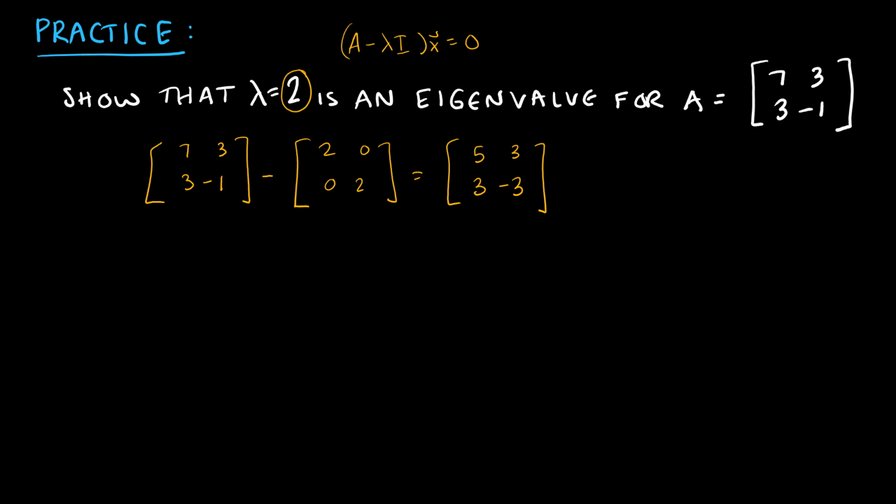I should be able to stop right here because it's very clear to me that I can start doing some row operations, and I'm going to go ahead and reduce this. But hopefully at this very first point, before I ever do row operations, you can see that I'm not going to end up with a free variable. But in case you can't, that's okay. Let's add rows 1 and 2 together. That's going to give me 8 here and 0 here.